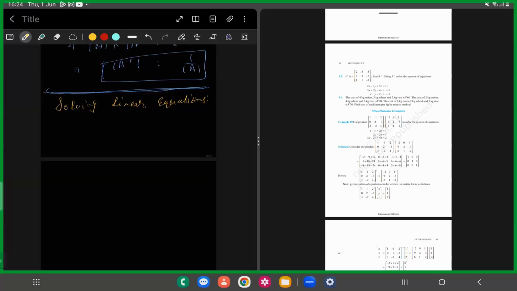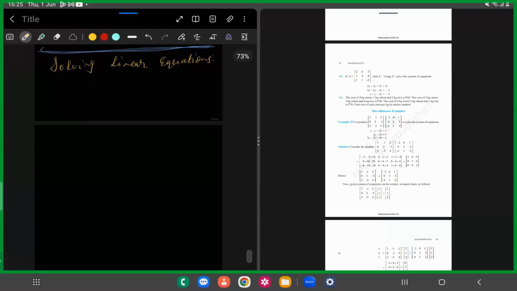If we had three variables, then we were given three equations, and from two equations we would substitute the values in the third equation, and finally get one equation in one variable. So that was the basic approach, but here, since we have already studied the concept of matrices and determinants, we'll be using that concept to solve linear equations.